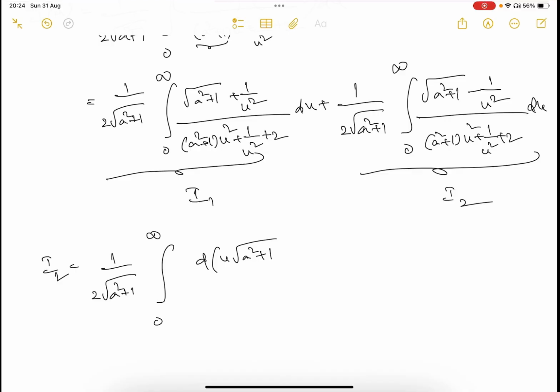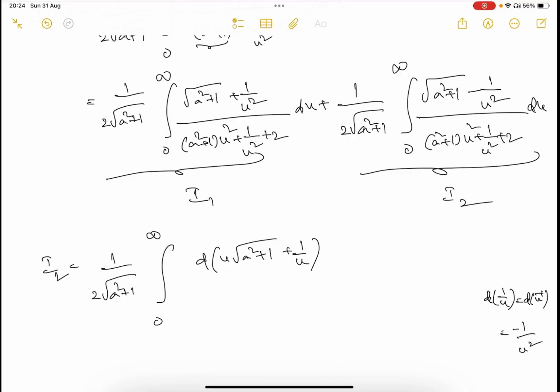Then the other part, how about this guy, plus 1 by u? d of 1 by u is d of u power minus 1, this will be n into x power n minus 1, this will be minus 1 by u square.